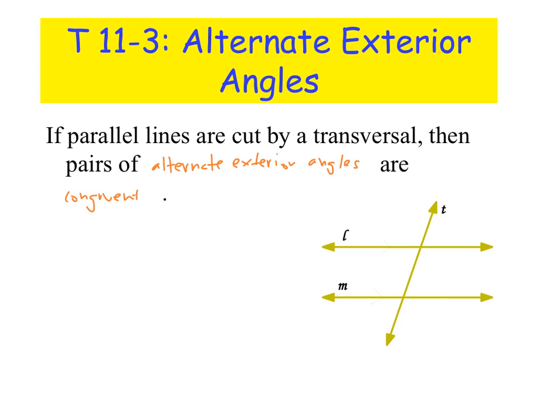So my first pair, angle 1 is congruent to angle 2. And my second pair, angle 3 is congruent to angle 4. Those are my alternate exterior angles.